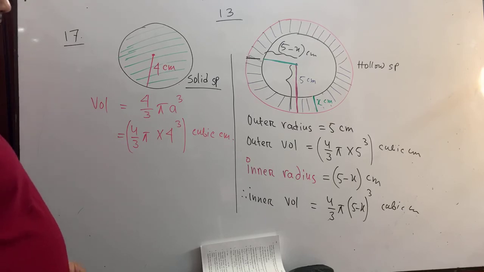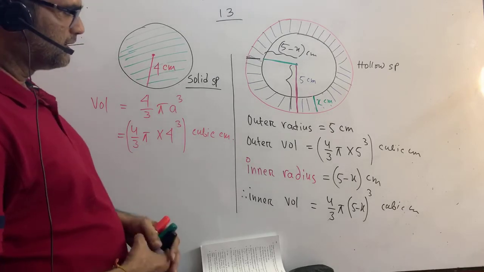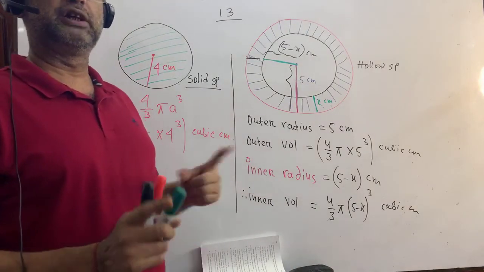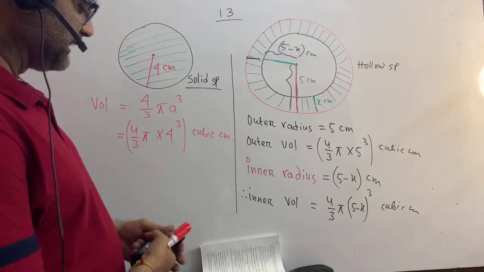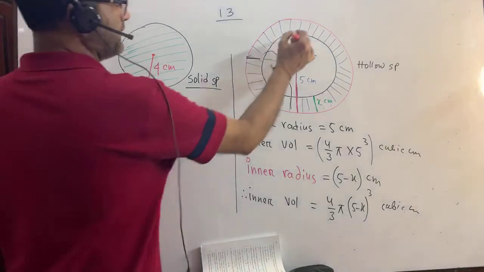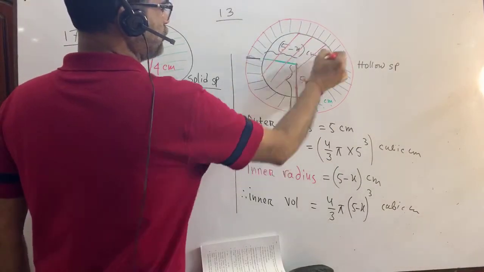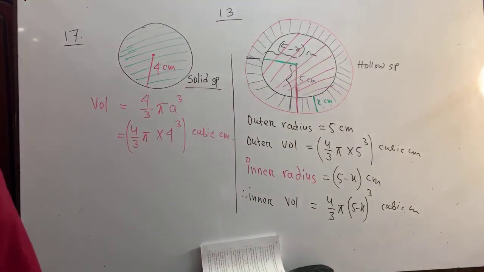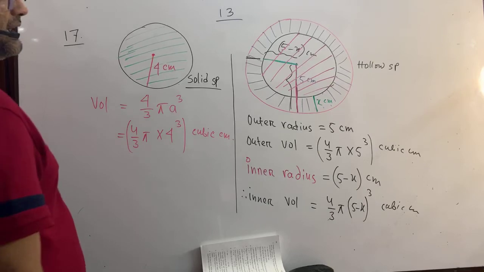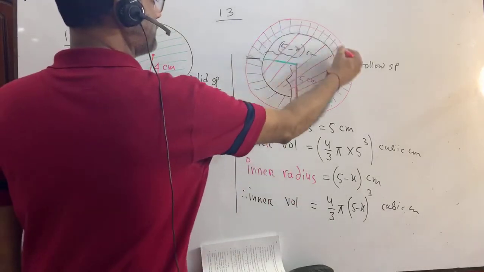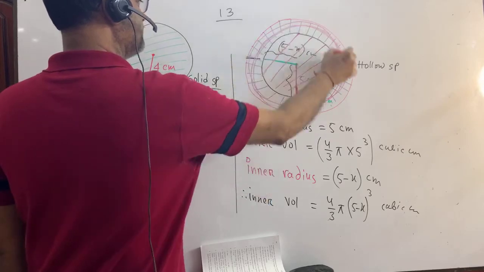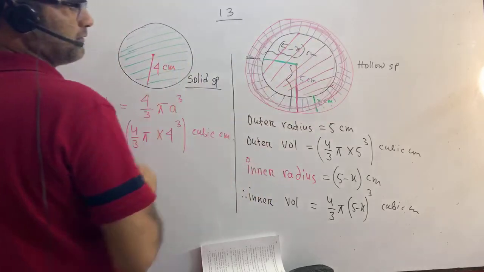Now if I subtract the inner volume from the outer volume, please try to understand, then we will be left with the volume of this iron.